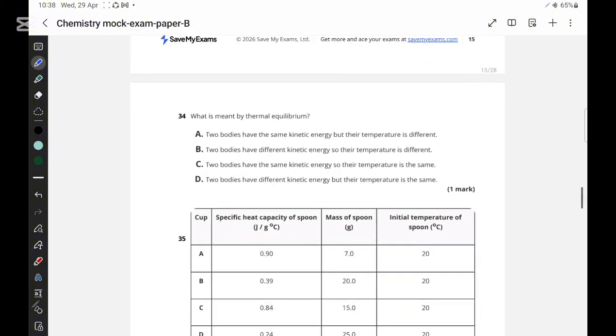What is meant by thermal equilibrium? For thermal equilibrium, we need to see the characteristics of thermal equilibrium. That means two bodies are in contact, and they no longer exchange heat. If they don't exchange heat, that means their temperature remains the same.